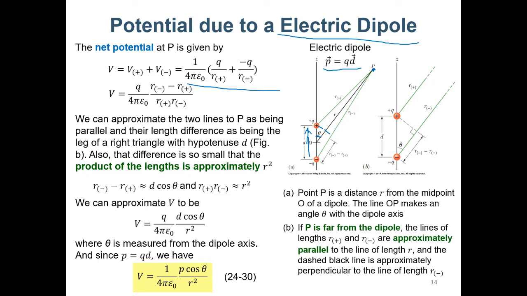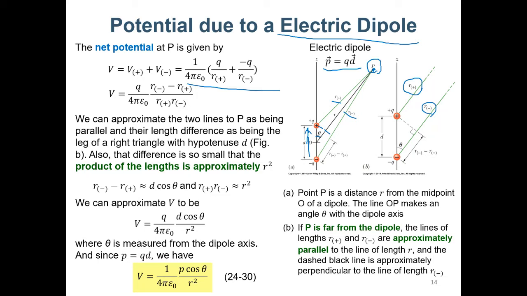Also, we assume that this point is quite far away. If it is quite far away, we can assume these two lines are parallel to each other. If it is very close, then you can see that they are not parallel.